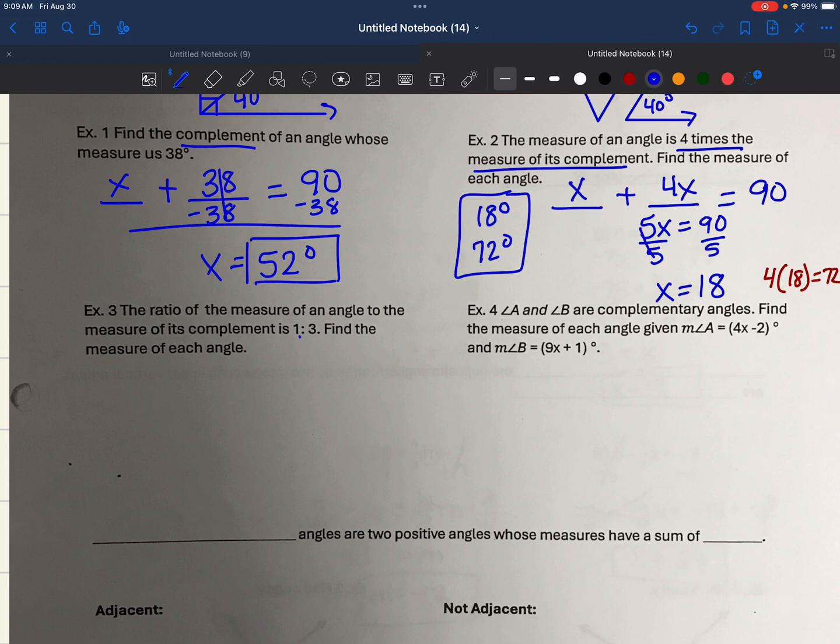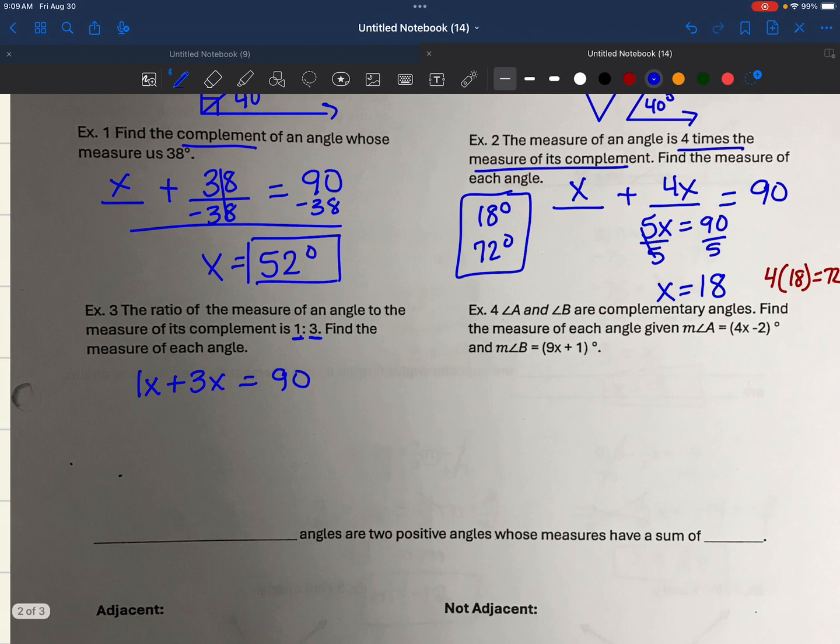If I put a variable with each of these, we want the same variable. X plus 3x. Because the ratio is 1 to 3, so we just put a variable with that, and then we can solve. Do we have to put 1x or can we just put x? Yes, you can just put x. I just put that because that's what the ratio says.